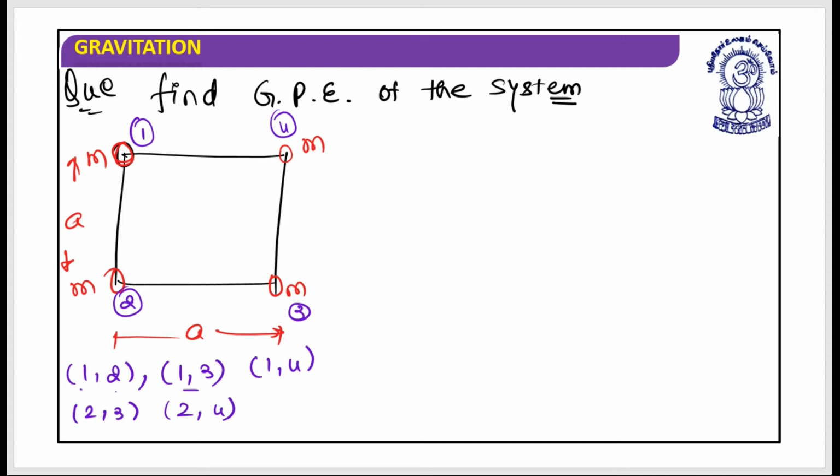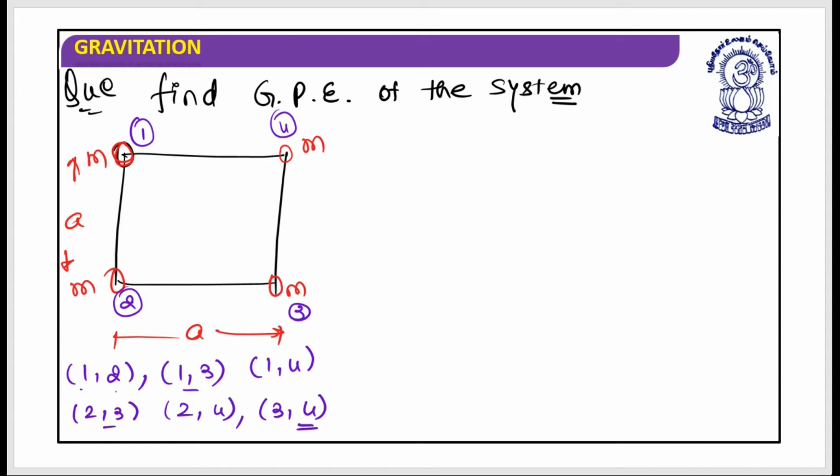Next 3 comma 1 and 3 comma 2 are already here. 3 comma 3 does not exist, and then 3 comma 4. I hope this is clear. So a total of 6 pairs are there.